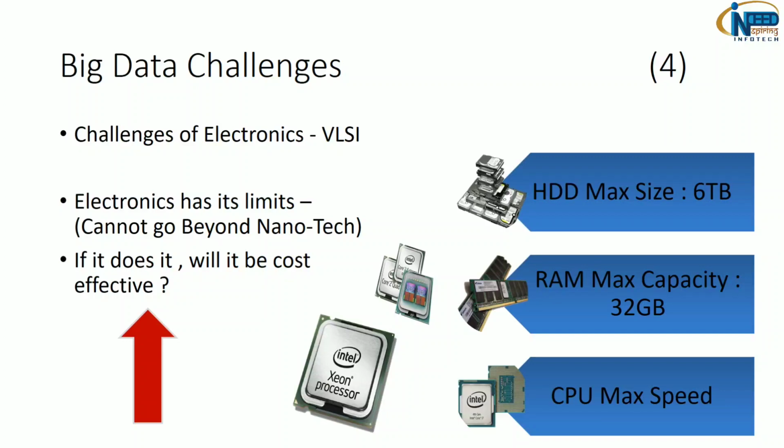Another thing you can see here, we have around 6 GB of hard disk, 32 GB of RAM, and i7 processors. This is the current capacity we have, but this is not capable enough of handling the kind of data requirements we have today.